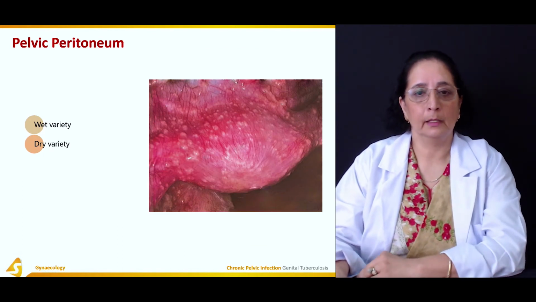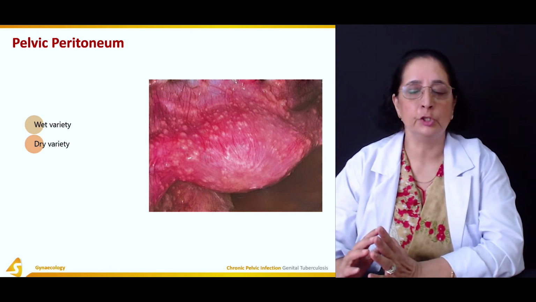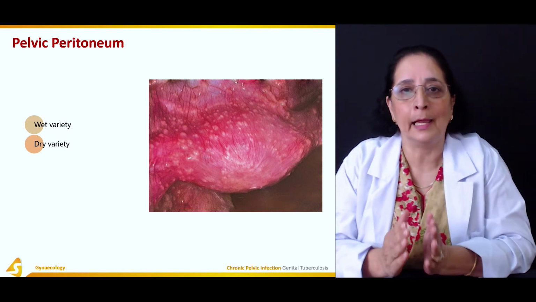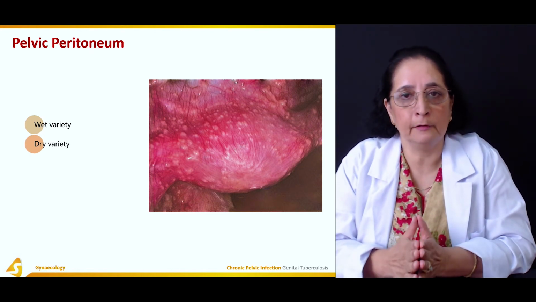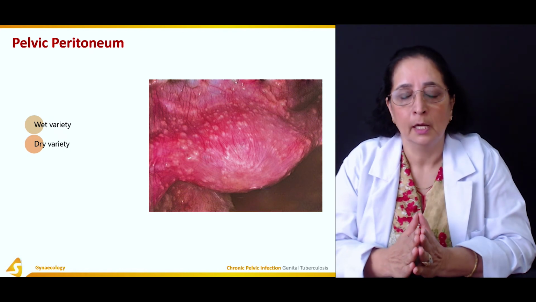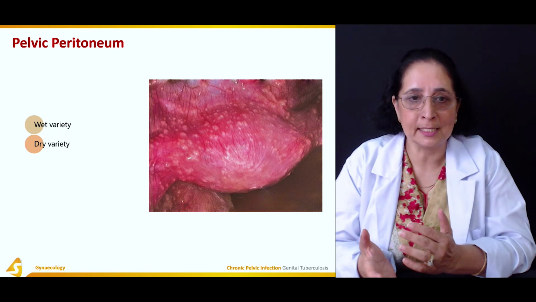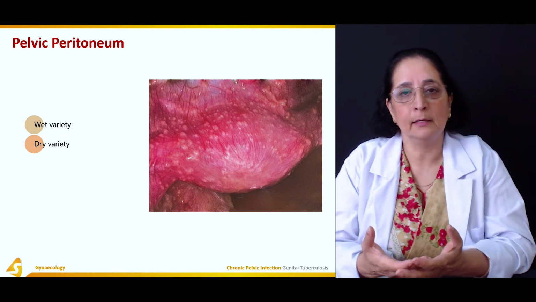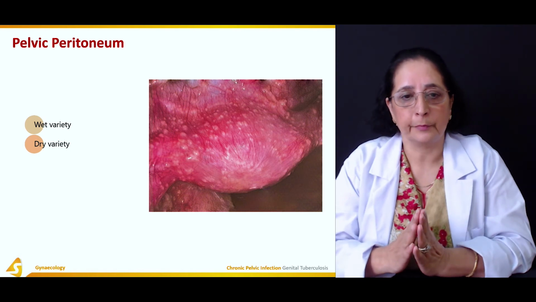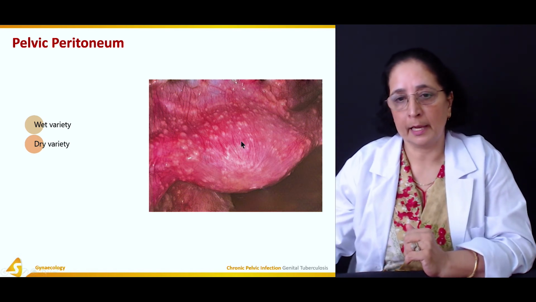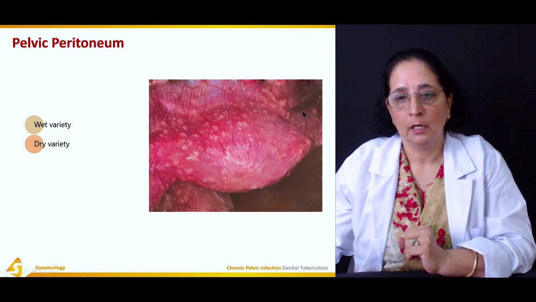Next, involvement of the pelvic peritoneum. Peritoneum is the covering or lining that covers the pelvic organs, which can be of two types, wet or dry. In wet, there is discharge. In dry, there is no discharge present. So this is again the diagram showing the miliary tuberculosis.